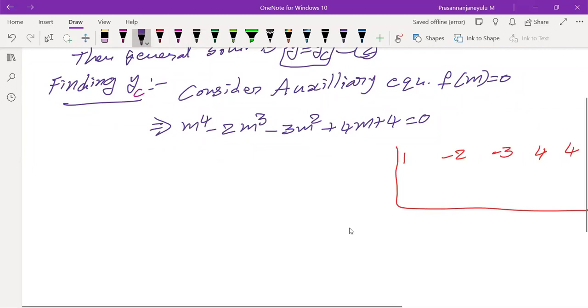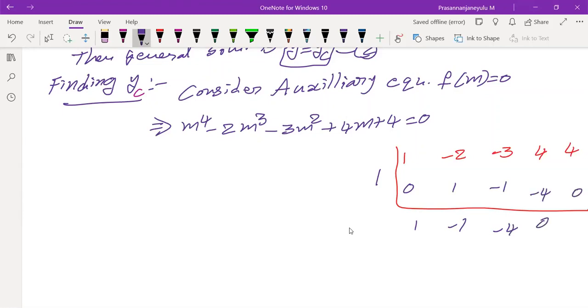What is the general process of synthetic division? First we take 0 and start with 1. So 1 plus 0 is 1, 1 ones are 1, minus 2 plus 1 is minus 1, minus 1 ones are minus 1, minus 1 minus 3 is minus 4, minus 4 ones are minus 4, plus 4 minus 4 is 0, 0 ones are 0, and it is 4.